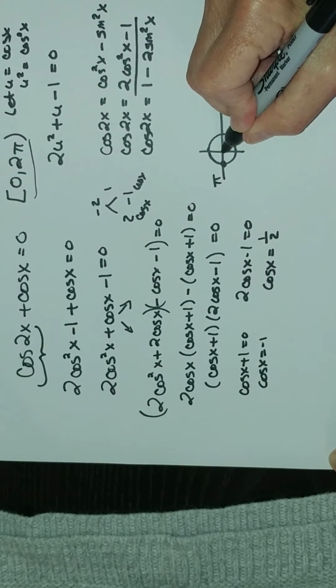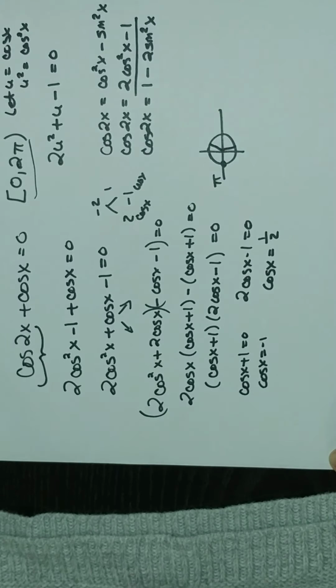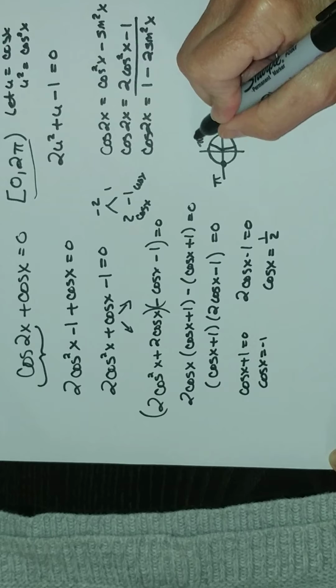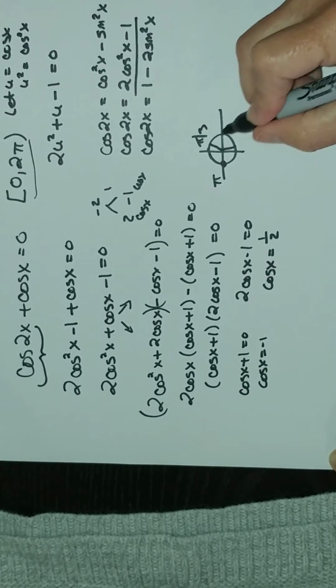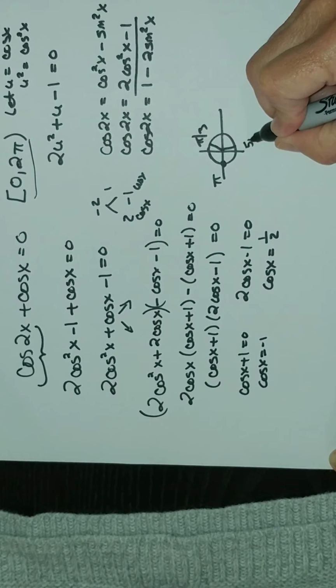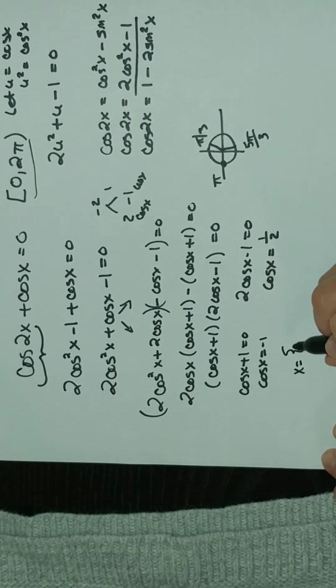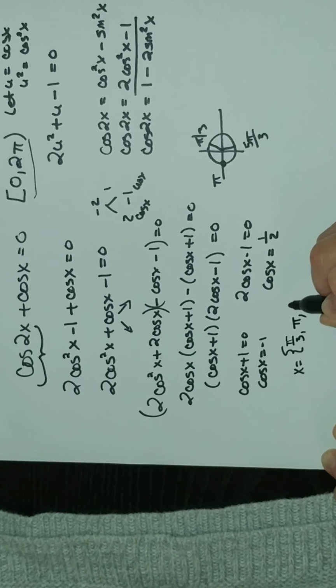In quadrant 1 and 4, that's where the cosine is positive 1/2. This angle is pi over 3. This angle is 5 pi over 3. So we got 3 solutions here for x. It's going to equal pi over 3, pi, and 5 pi over 3.